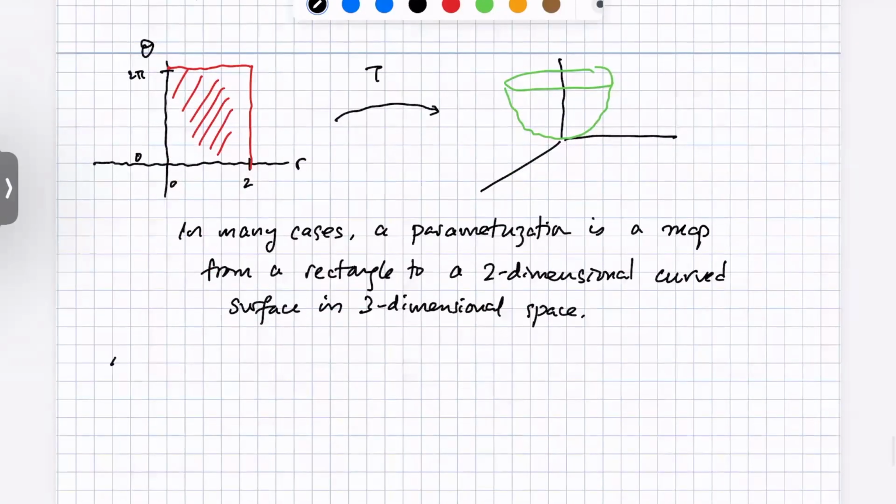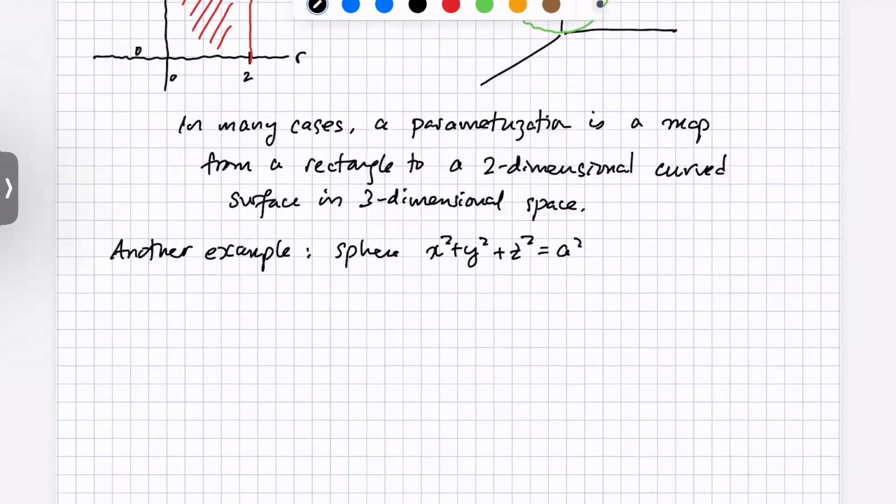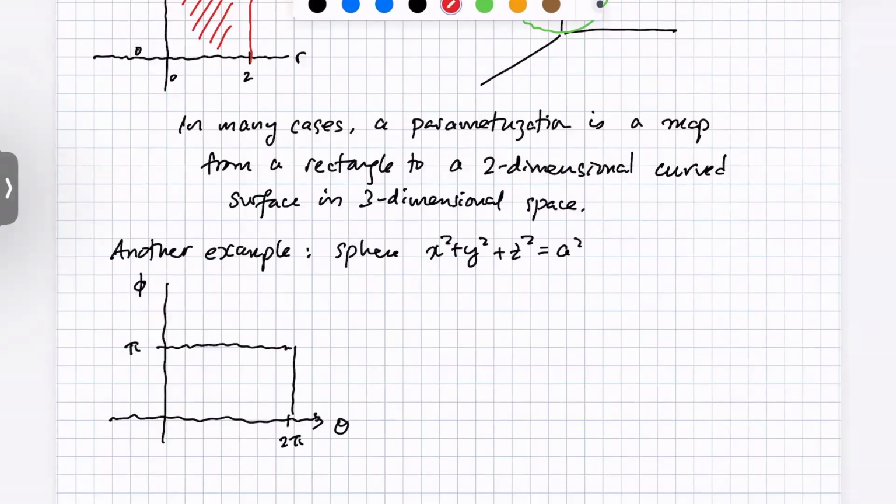I mean, as another example is the issue of a sphere, right? A sphere x squared plus y squared plus z squared equals a squared. What you're effectively doing is you're taking theta phi space. Theta goes from 0 to 2 pi. Phi goes from 0 to pi. So you have yourself a rectangle in theta phi space.